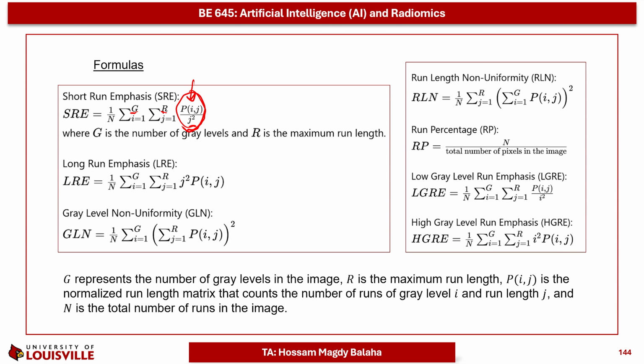The position of I and J in the division or multiplication determines what we are going to measure. All of them have a probability with J and I, whether they are in the denominator, multiplied by the P, or just as it is, and each combination measures a specific thing, as we noted with the 7 features.